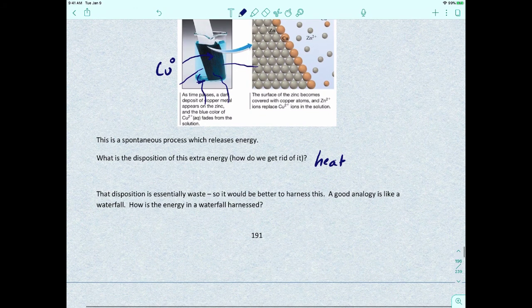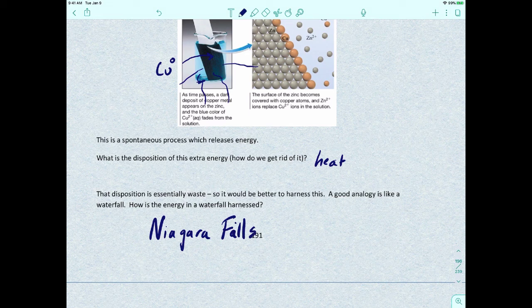Think of it this way. If we take a look at the energy that's being emitted from Niagara Falls, if you've ever gone to Niagara Falls, it's pretty cool. On the Canadian side especially, and on the American side, you've got turbines that are turning constantly because of the rush of the water. So think of this as a water wheel.